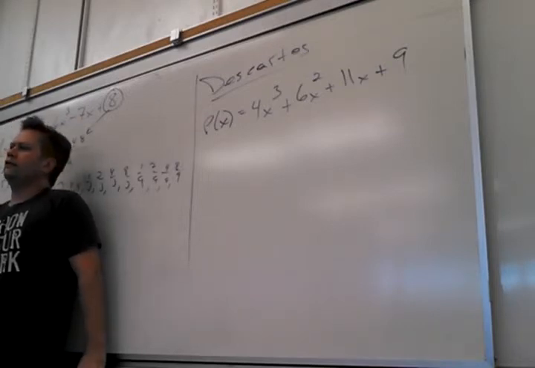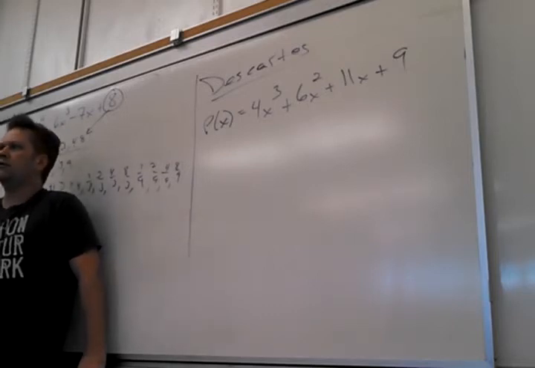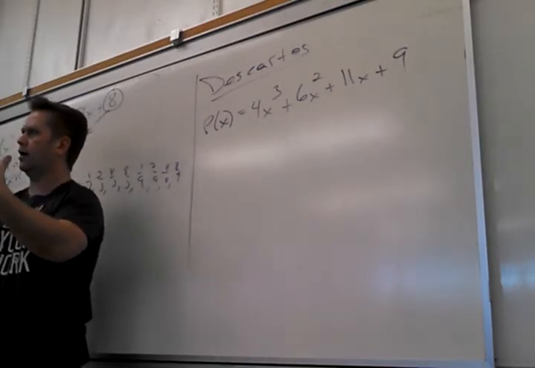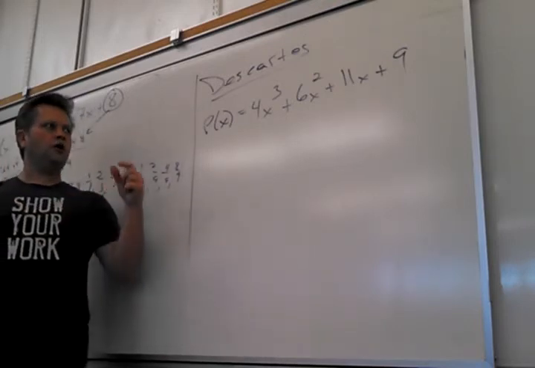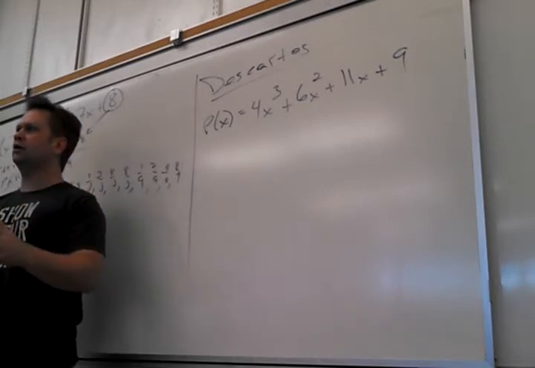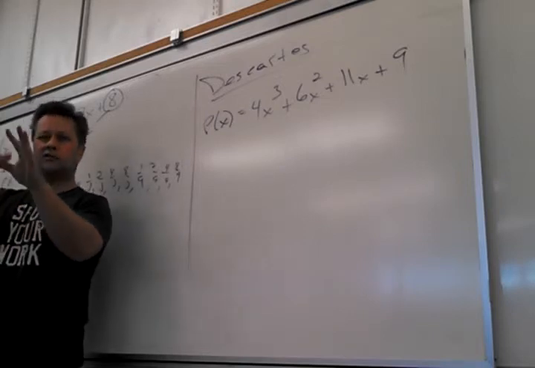And the whole idea of factoring is intimately related to figuring out what makes it zero. Are you guys with me so far? If I'm figuring out what makes it zero, that's related to one of the factors. It's got to be, right? They kind of go hand in hand. So what are the only kind of numbers I could plug in for x that would actually make that happen? Think backwards.